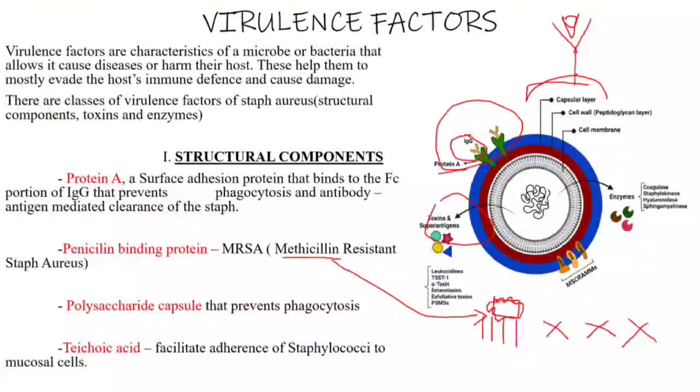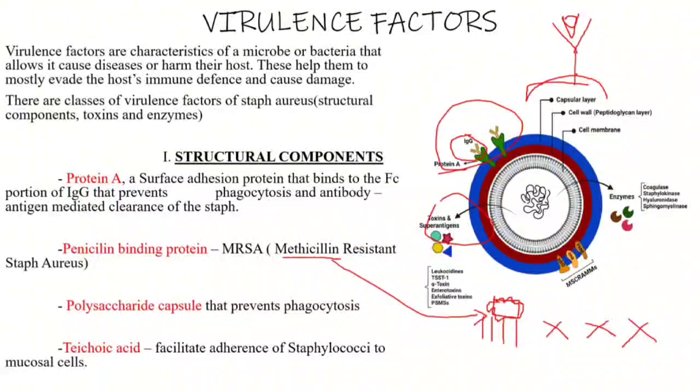Another one is the polysaccharide capsule. Staph aureus has a polysaccharide capsule around it, which prevents phagocytosis. When they get phagocytosed, they form a phagosome, then the lysosome, and enzymes break it down.